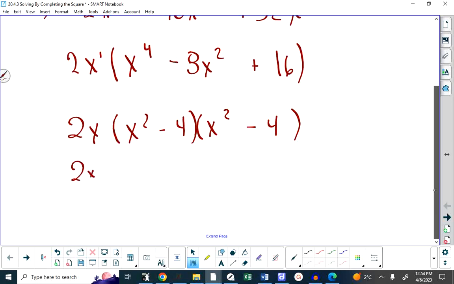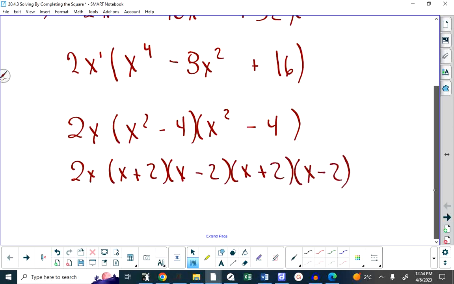So now we have 2x and then x plus 2, x minus 2, x plus 2, x minus 2. And you would probably write this as 2x, x plus 2 squared, x minus 2 squared. I mean, why not? Or rather than writing x plus 2, why don't we just say x plus 2 quantity squared?